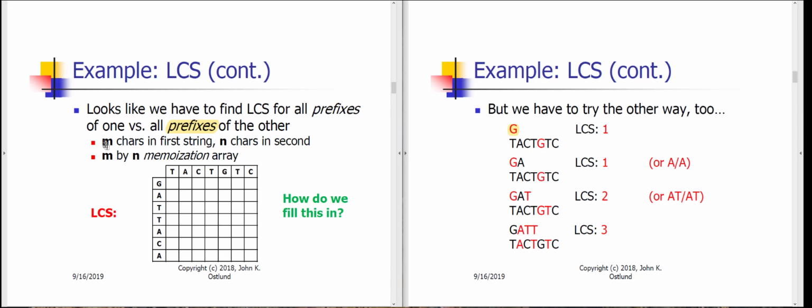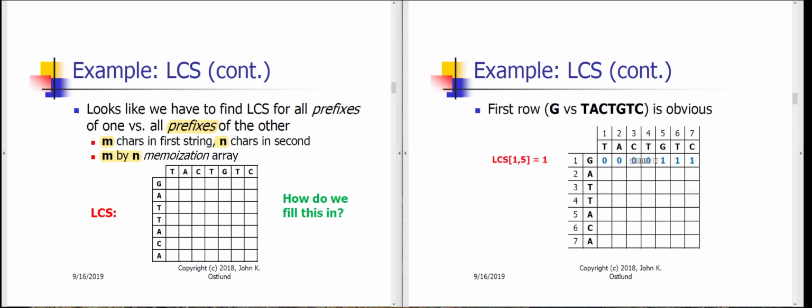If this works for us, where m is the number of symbols in the first sequence and n is the number of symbols in the second sequence, then we will end up having created an m by n algorithm rather than a 2 to the n algorithm.